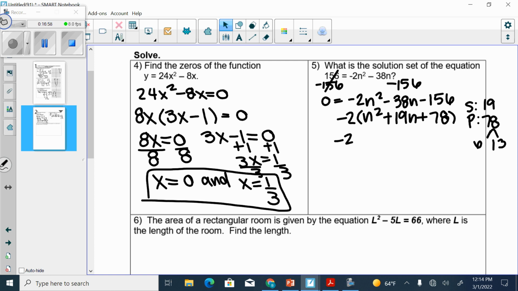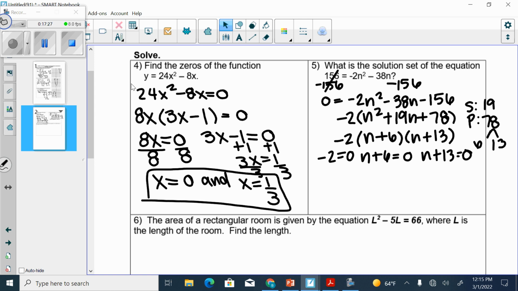So we got negative 2 in front, and then in my parentheses I'll have n plus 6, and in the other one n plus 13. All right, and then what do I do with those parentheses? Very good. So I got negative 2 equals 0, n plus 6 equals 0, and n plus 13 equals 0.